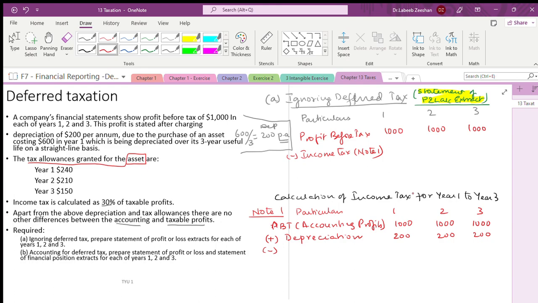Less is in terms of tax allowances on assets. How much are the tax allowances? The first year it is 240, second year it is 210, third year it is 150.